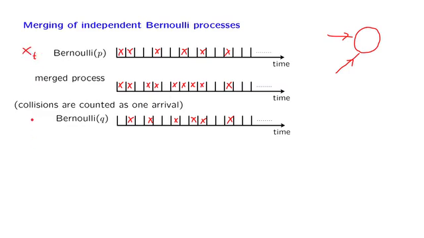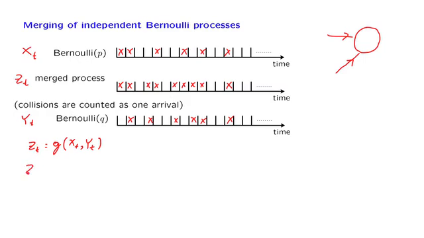Let xt and yt be the original processes, and let zt be the merged process. The random variable zt is determined in some way by the random variables xt and yt. If I tell you if there was an arrival in the first and the second process, you can tell whether there was an arrival in the merged process.